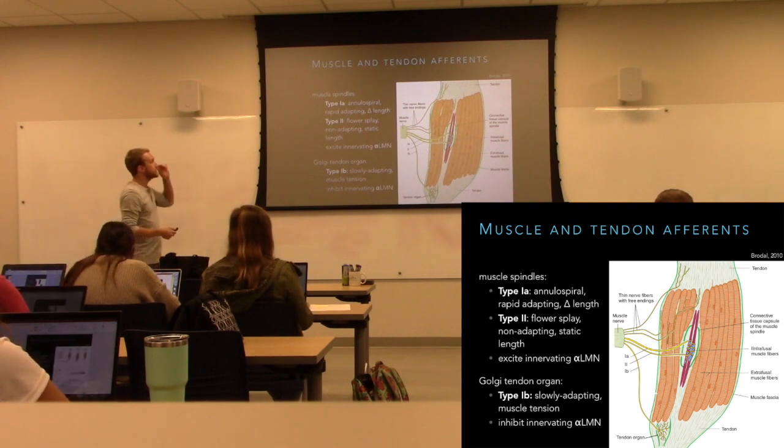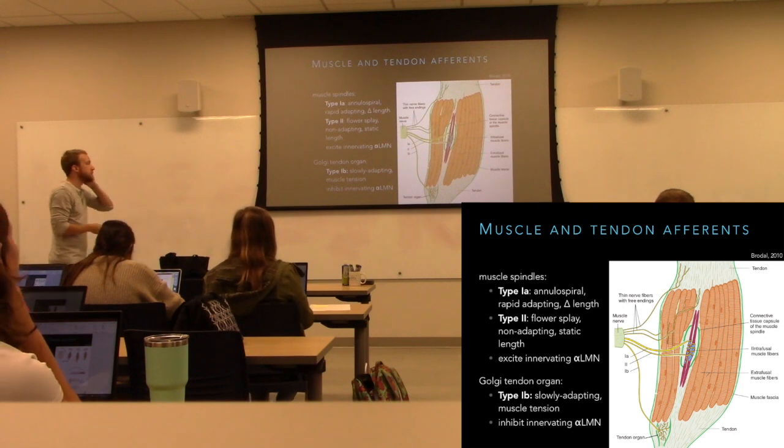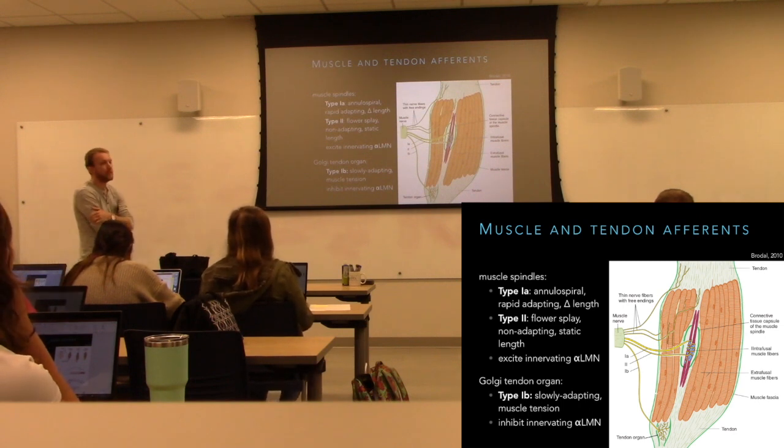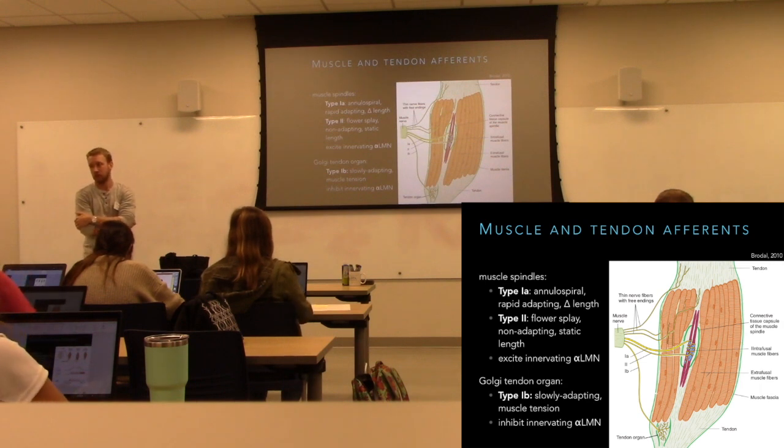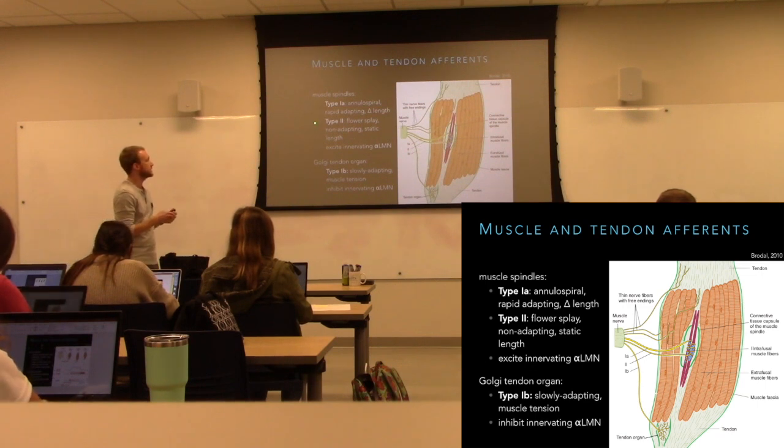The spindle afferents come in two types. One which is rapid adapting, meaning that it only responds initially. So that's there to sense changes in muscle length. Not the static muscle length. That's conveyed by these type 2 afferents.